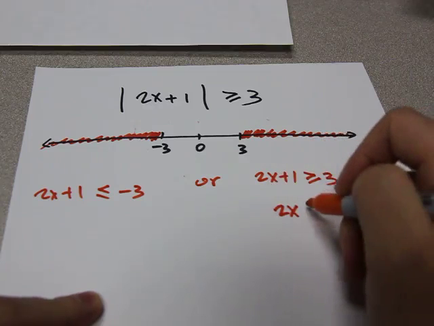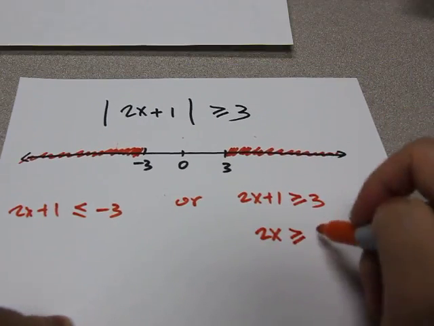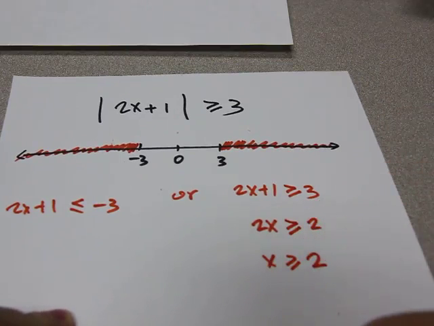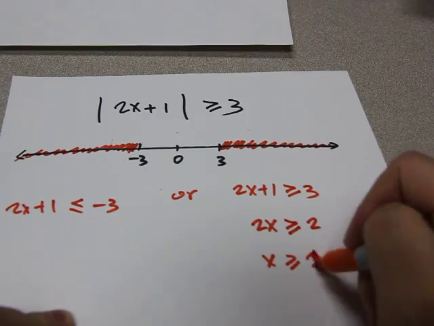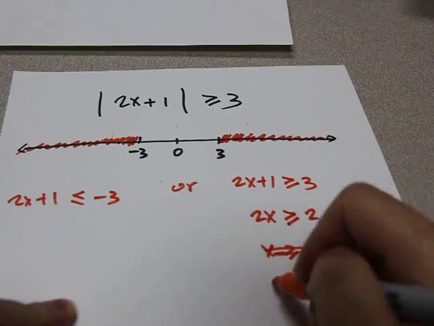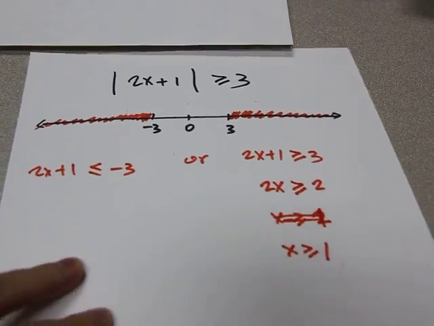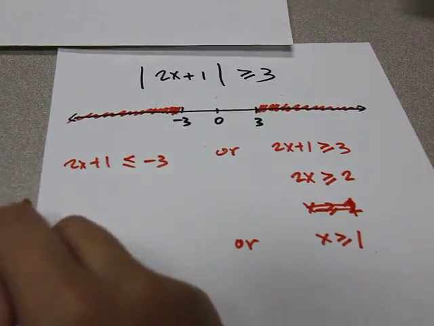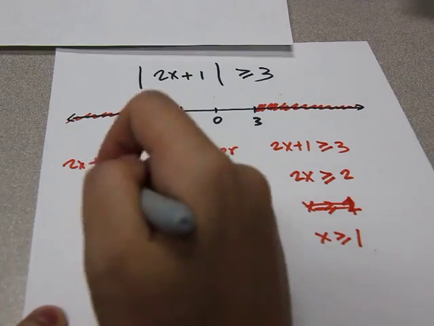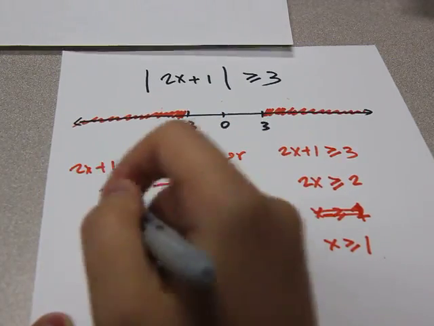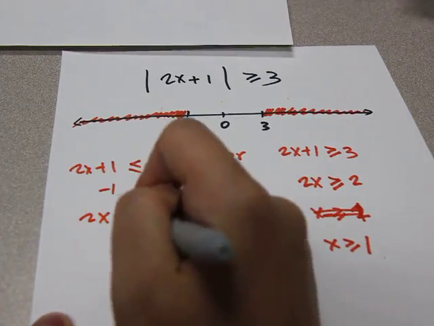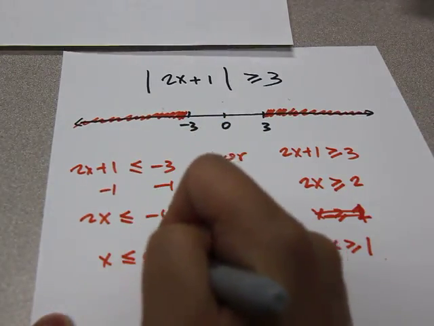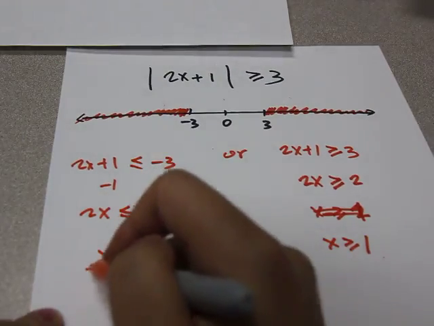So 2x is greater than or equal to 2, and x is greater than or equal to 1. Over here, we subtract 1, so 2x is less than or equal to negative 4, or x is less than or equal to negative 2.